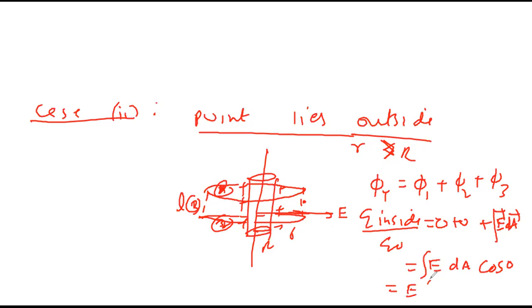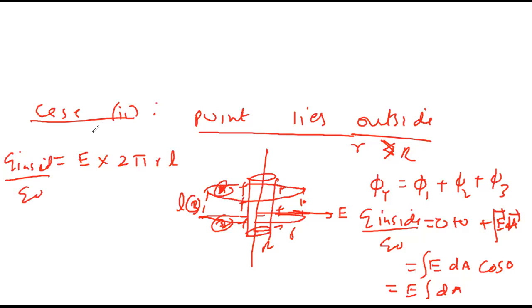So E integration of dA. What is the total area of this curved surface? Is it 2 pi rL? Yes, 2 pi rL. So we get Q inside upon epsilon naught is E into 2 pi rL.